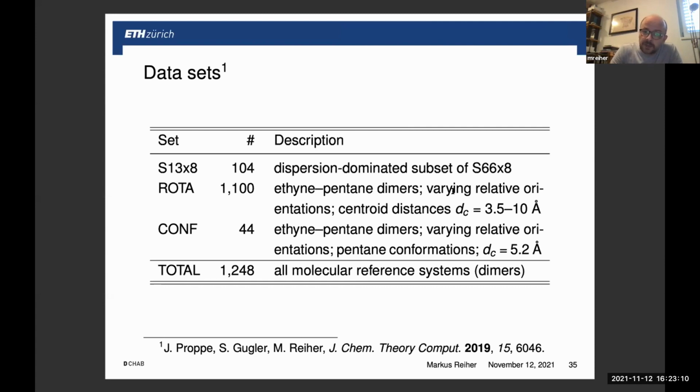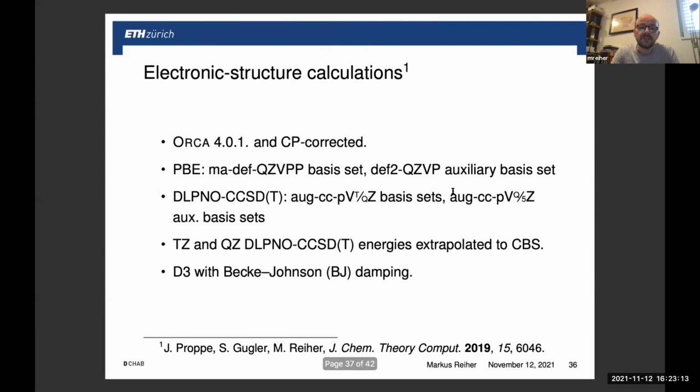And we created very many configurations for these dimers, and then ran coupled cluster calculations based on the DLPNO approximation by Frank Neese. So we exploited ORCA for this purpose. We tried to push it to the basis set limit, and for the DFT calculation, you see we used also pretty good basis sets, and then the standard D3 setting.